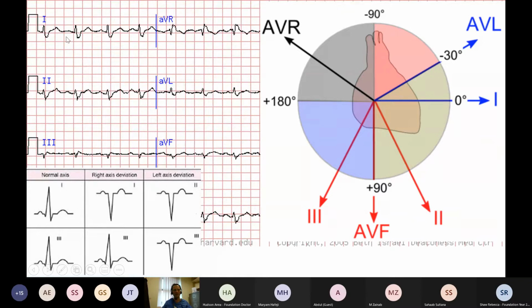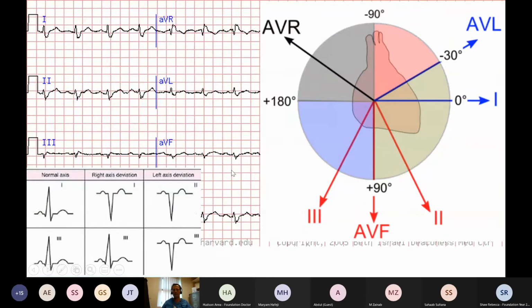So predominantly, if it's completely negative in 1, that's right axis deviation. Left axis deviation is if it's negative in 2 and 3. So here, can you see it's negative in 2 and 3? In fact, it's starting to go negative in 1 because this is pronounced left axis deviation because it's pointing right the way around here.